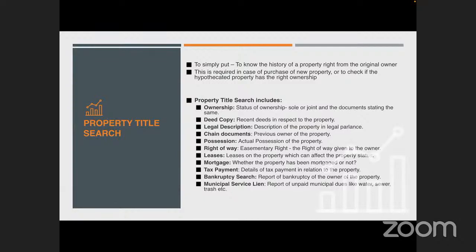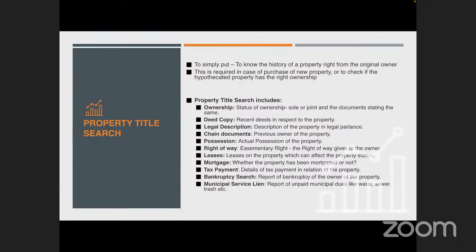So whenever a person is purchasing a property, or a bank is giving a loan against a particular property, or to check if the hypothecated property has the right ownership, these are the circumstances that lead to the property title search. Simply put, it is to know the history of the property, whether the owner who's transferring or hypothecating that property is the right owner or not.